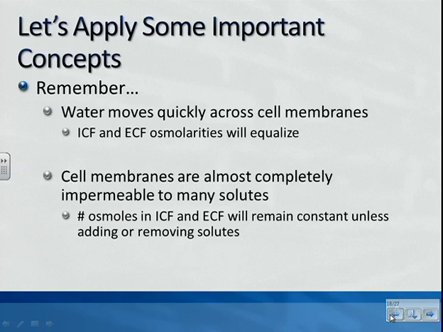In the scenarios, we're going to say the cell membranes are pretty much not very permeable to solutes. Water, we'll say pretty permeable to water, but not to solutes. So the number of osmoles, either inside or outside of the cell, will only change if you add or remove them. Otherwise, they're going to stay constant. Remember when we talk about osmolarity, think of it as a concentration: number of substance in a certain volume of water.